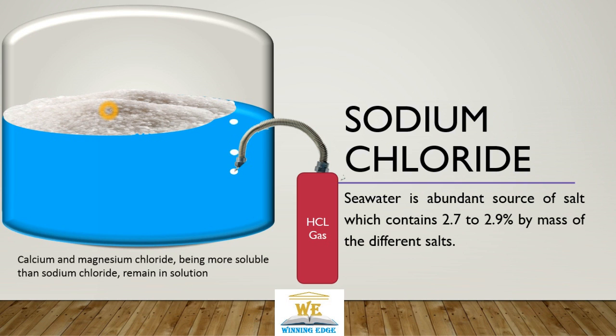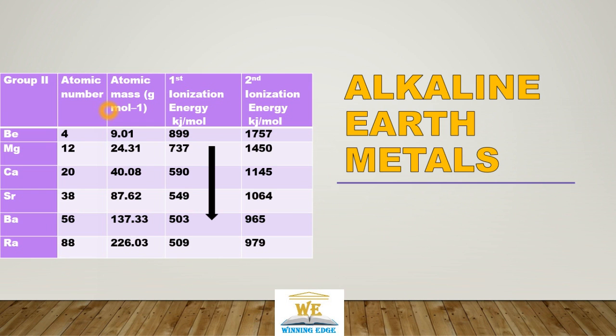Because calcium and magnesium chlorides are more soluble than sodium chloride, they remain in solution. Next is alkaline earth metals. So far we have discussed alkali metals.